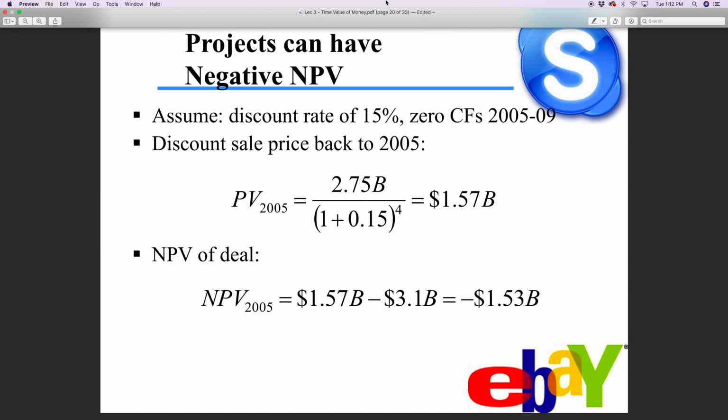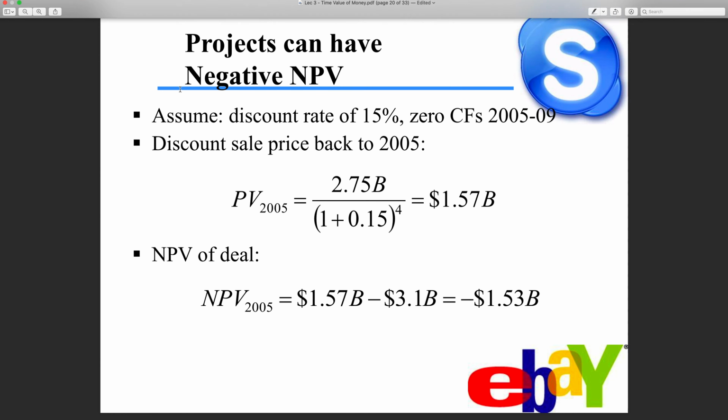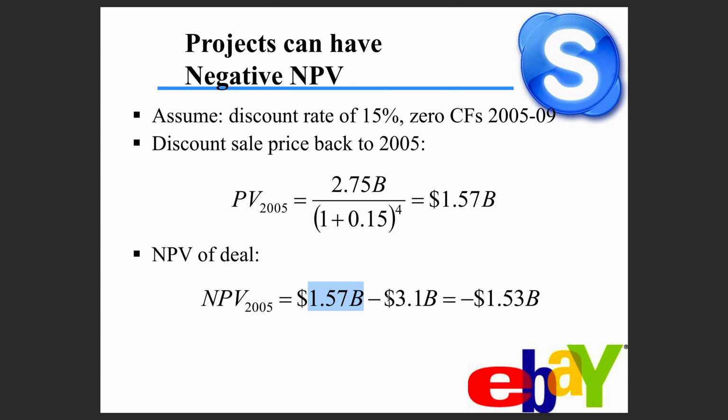The net present value of this deal is negative because the revenue from the transaction, 1.57 billion, is less than the cost of the transaction, which was $3.1 billion in 2005 terms. The NPV of this deal for eBay was negative $1.53 billion. So it is not surprising that eBay's stock fell, lost value, upon announcement of this transaction.